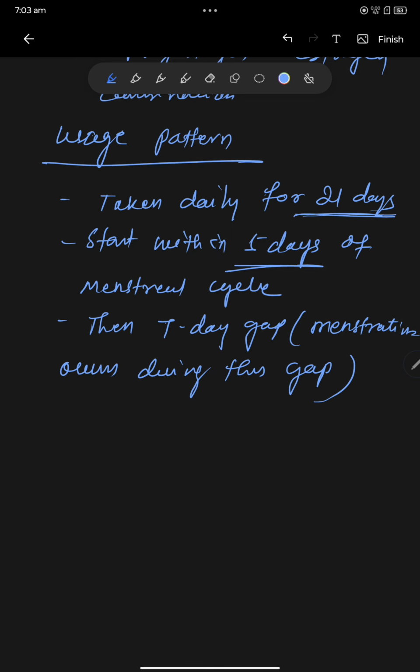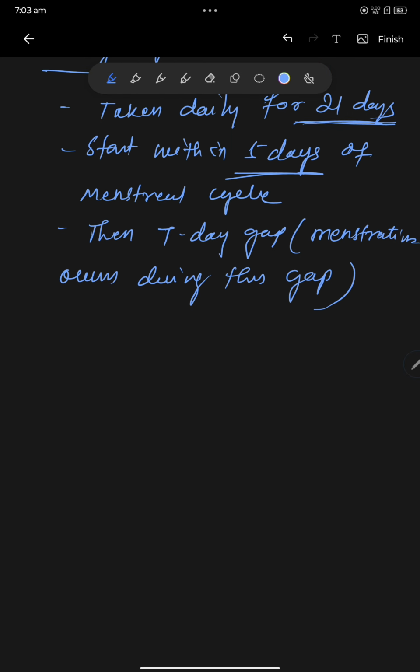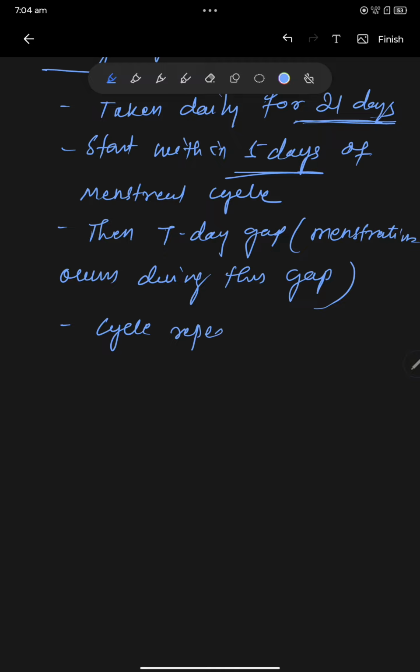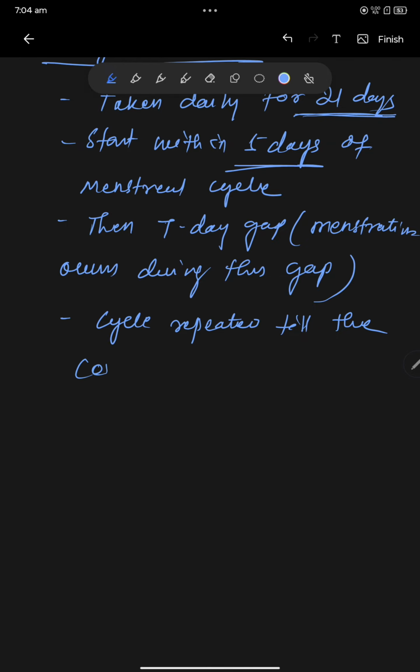After this gap of menstruation, again this cycle is repeated. The cycle is repeated till the contraception is required.